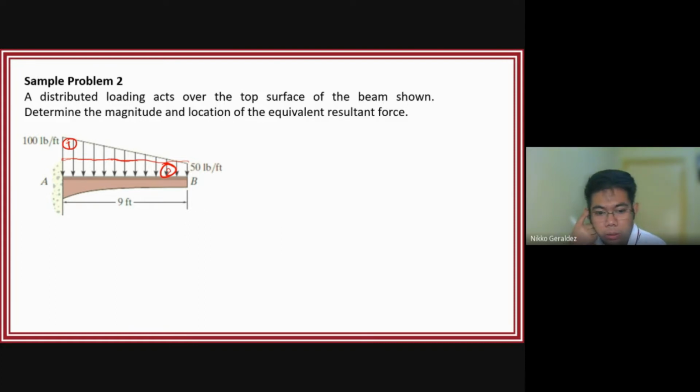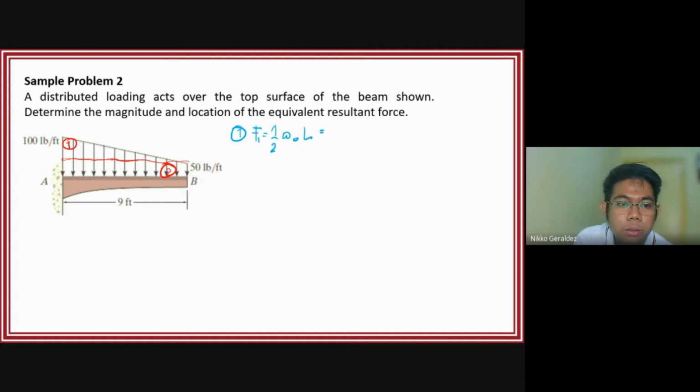We first solve the triangular loading. Shape 1: to solve for the resultant of the triangular load, we call it F1. F1 is equal to 1/2 times W sub O times the length.